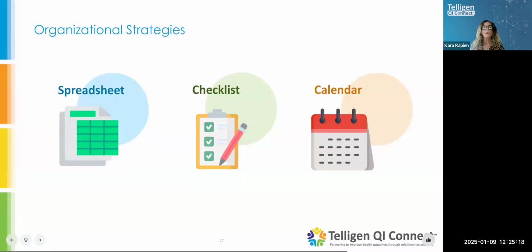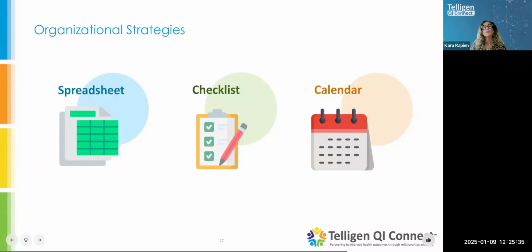But you're always going to have fires to put out, and you're always going to have emergencies that come up. Ensuring that you have some type of structured system in place is going to help you be able to jump back in when time allows.